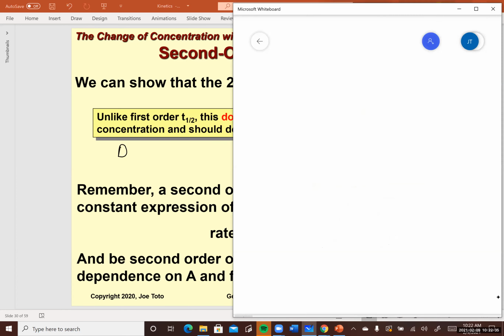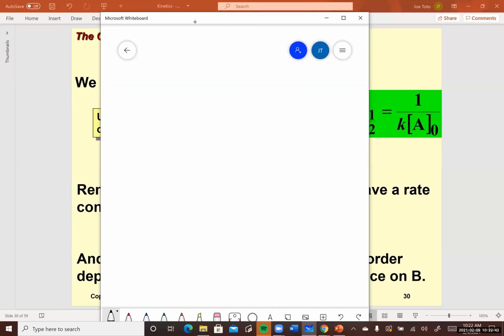All right, let me get this. So for this reaction, you're going to have dye. It's just food coloring plus bleach. And the bleach is NaOCl. So that's going to go like that, right?